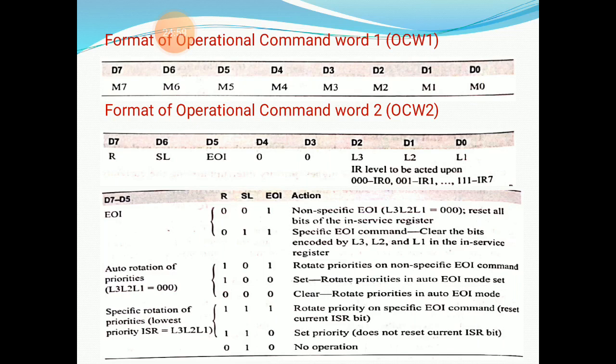If these 3 bits become 000, clear rotate priority in auto EOI mode. Next, if these 3 bits are 111, that performs rotate priority on specific EOI command, that is, reset the ISR bit. If these 3 bits become 110, set priority does not reset the current ISR bit. If these 3 bits become 010, no operation.